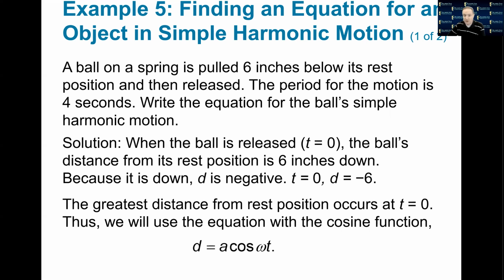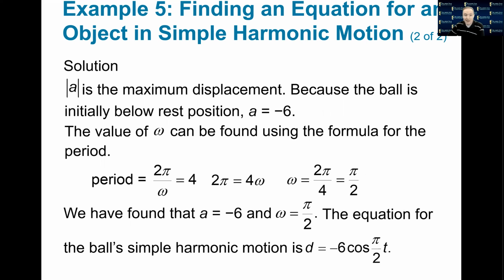Thus, I'm going to use the equation for the cosine function, and I know that a, the coefficient of the cosine function, is going to be -6. Now, if I'm asked, the amplitude is +6. But the a value is -6. It's going to be a -6 cosine.